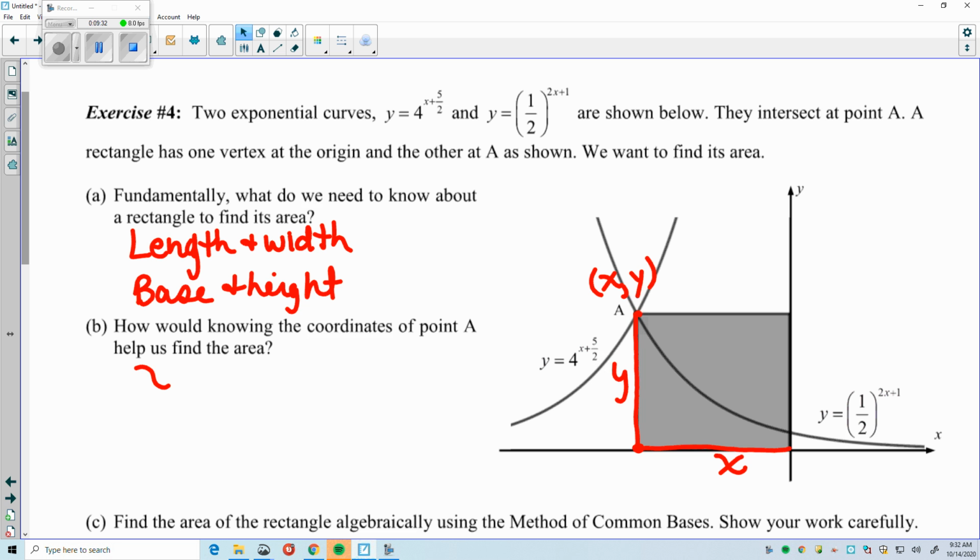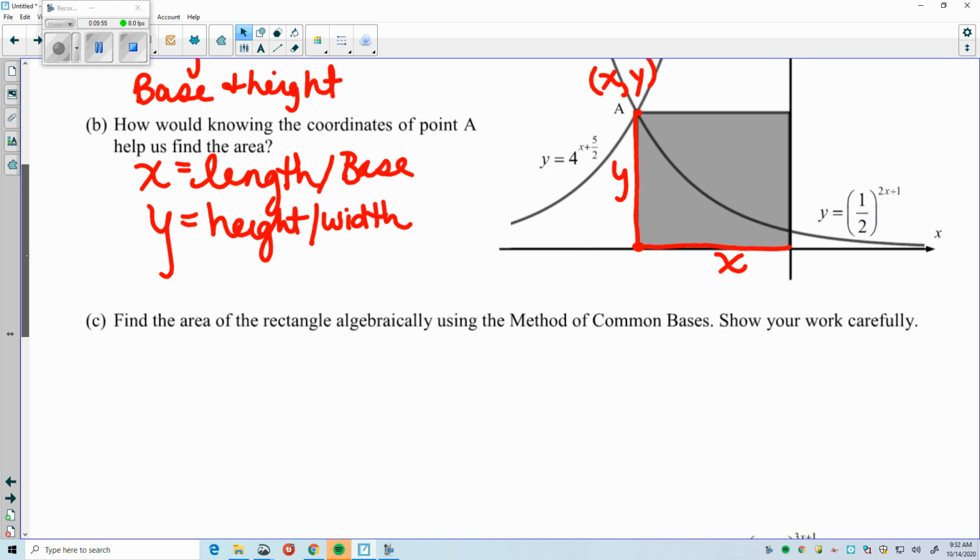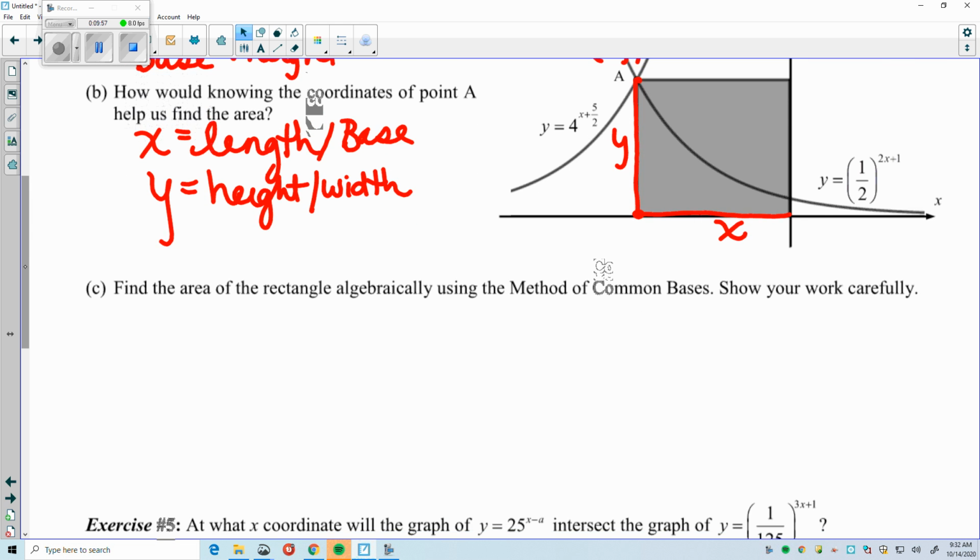So I could say maybe x is going to be the length, and y is going to be the width, the height. Okay, length, we could say either the length or the base. So you got those interchangeably. Okay, so we need to actually then find this. So we have to find the area of the rectangle algebraically using the method of common bases.